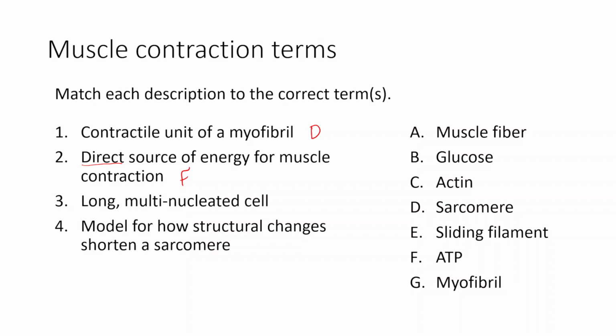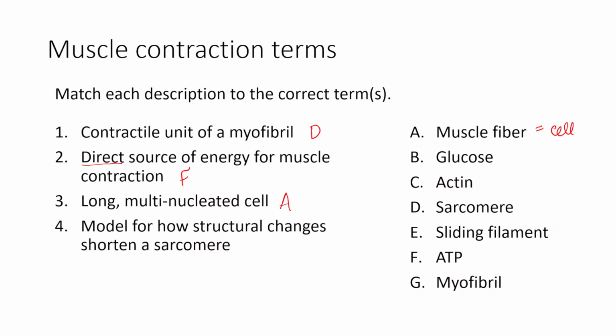And all right, so what is a long multinucleated cell? Yeah, a muscle fiber. So this might be a little confusing, which is why it's on here. So a muscle fiber is a cell.